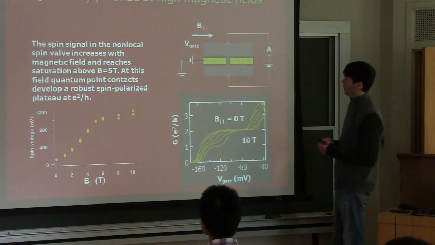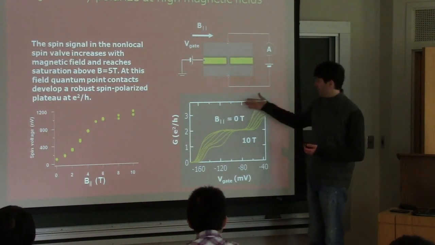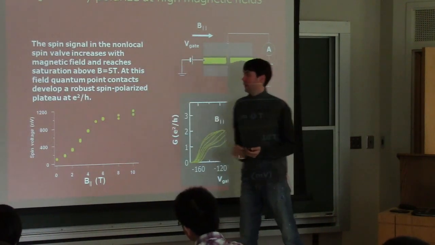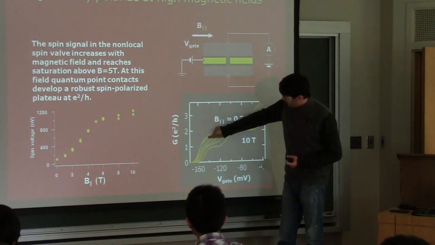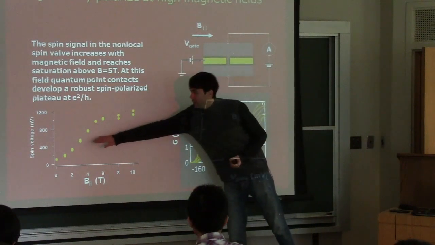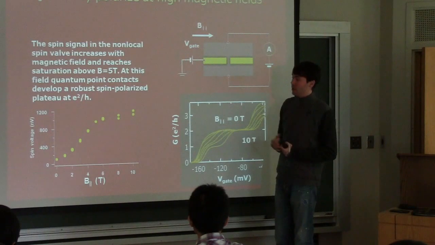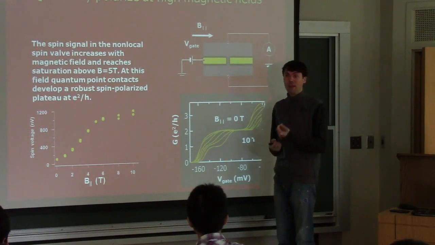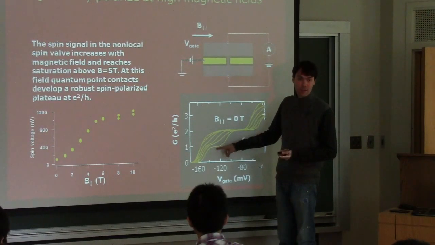Okay, you can do this measurement as a function of magnetic field and see how the non-local spin voltage turns on as a function of field. So as this 1e² plateau develops and grows, the non-local spin signal increases. And so by means of this spin current measurement, you can calculate the spin polarization coming out of this plateau.